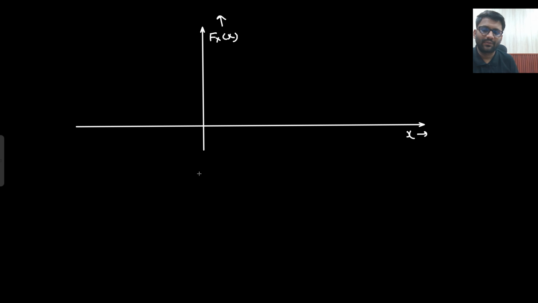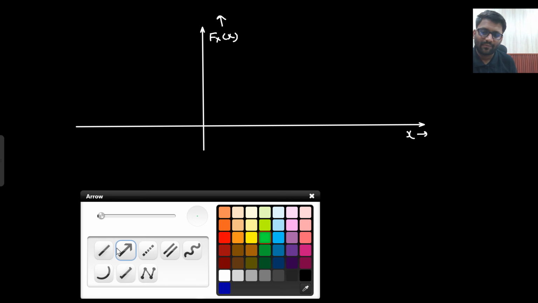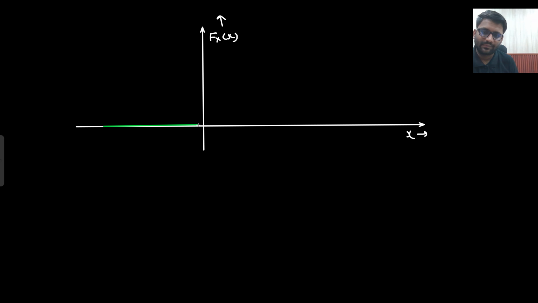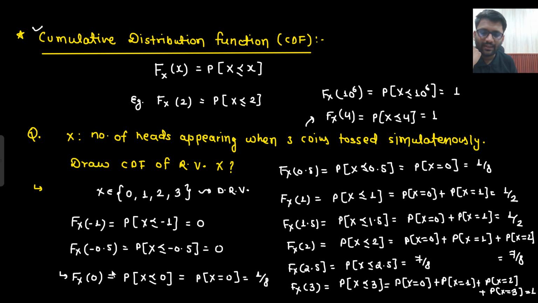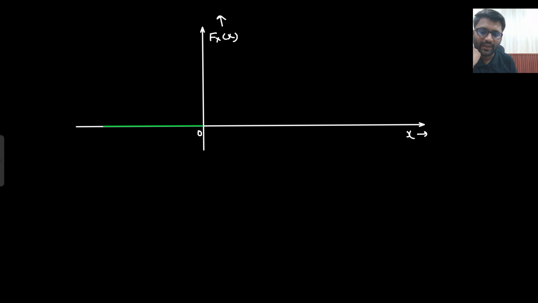It was 0, 0 only, and at 0 suddenly it became 1 by 8. So here it became 1 by 8.